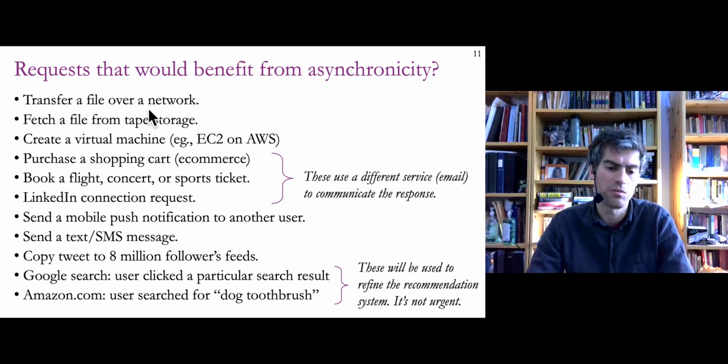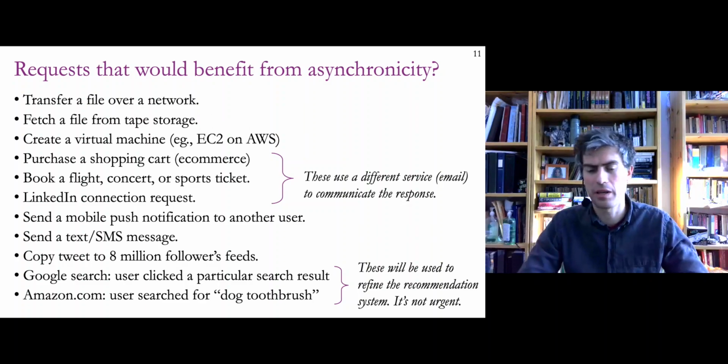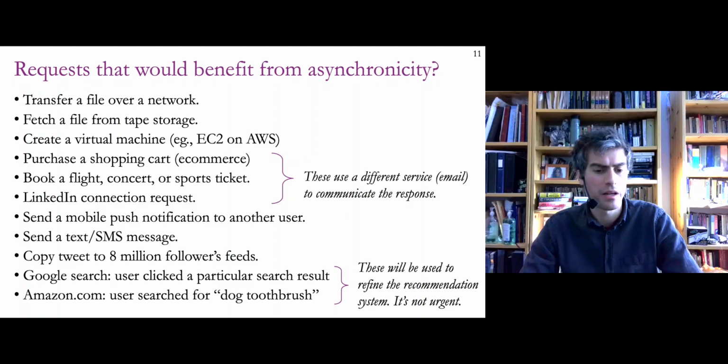It's not really computation, but storage and network that is going to make it slow. Another is fetching a file from tape storage. You probably don't even know what tape storage is, but it's accessing data in a system that has to move mechanically.